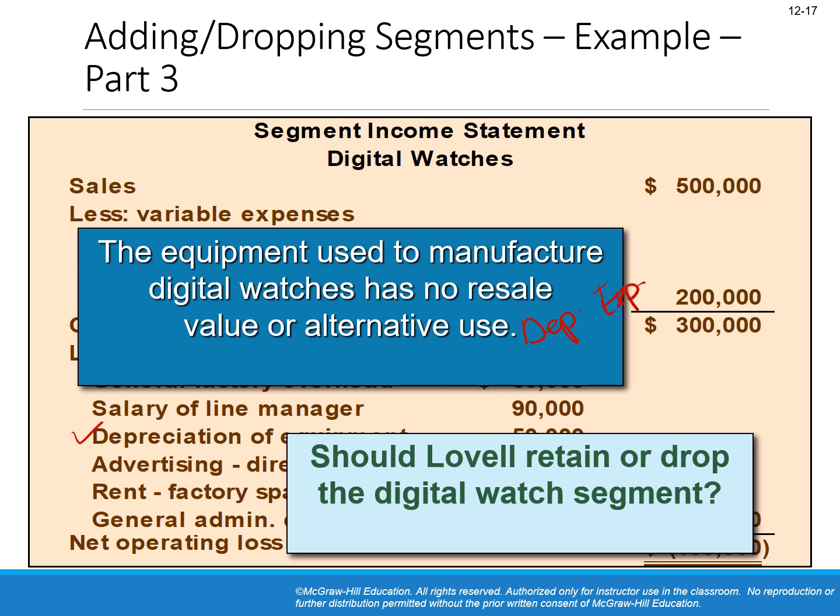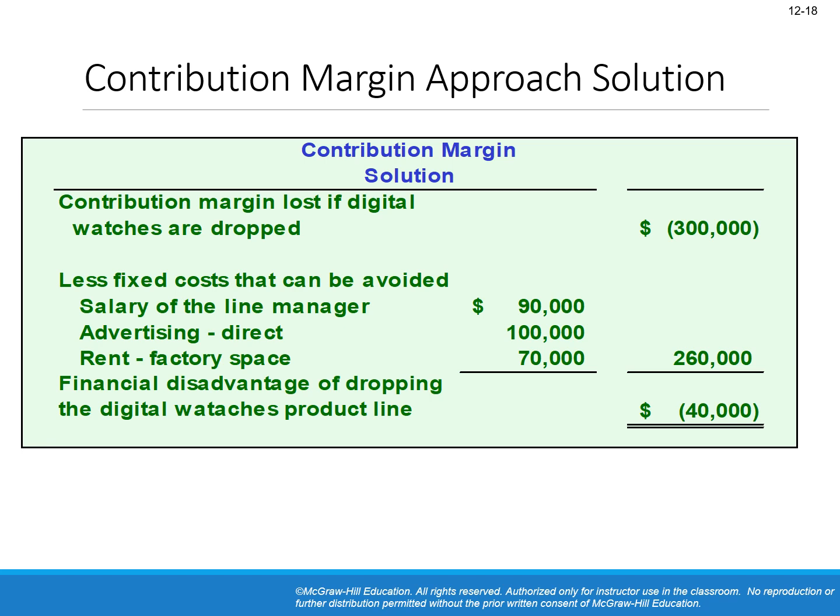In light of this given, should the company retain or drop the digital watch segment? Apparently, you will be losing the contribution margin of the digital watch line if you drop the line or the segment. So this is a loss for the company. On the other hand, you will be saving the salary of the manager, so it's an addition to the net income.